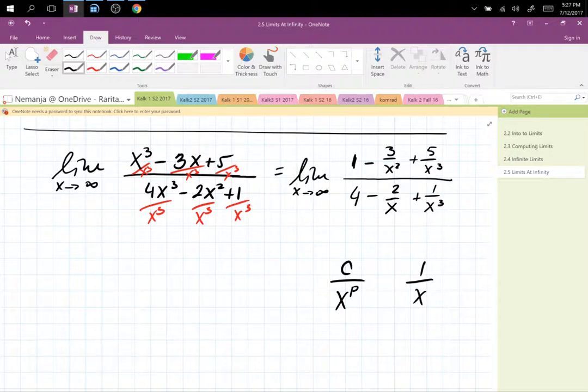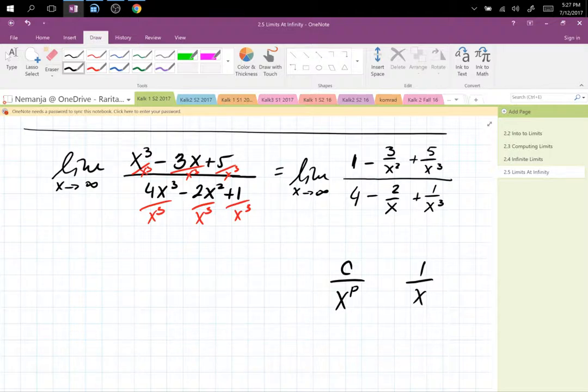So it's getting smaller and smaller and smaller. So if this goes to infinity, with this being a number, the whole thing goes to 0. So this guy goes to 0. This guy goes to 0. All of these go to 0, and you are left with 1/4 as the answer. So that is the answer to the limit.